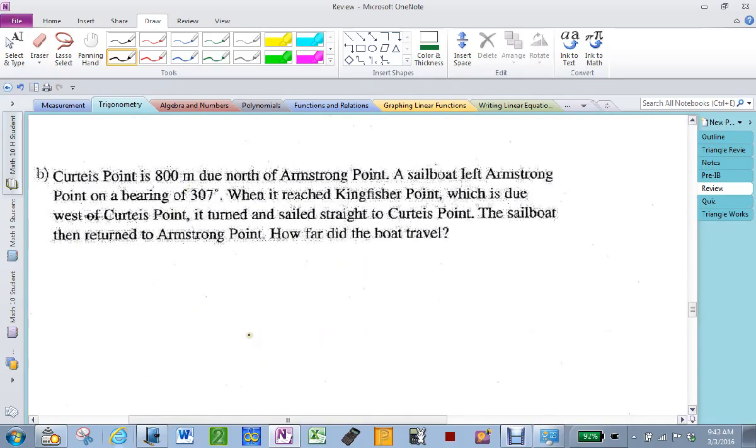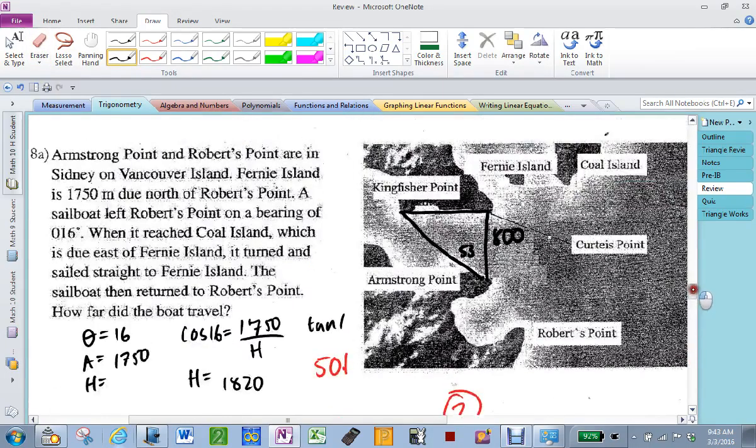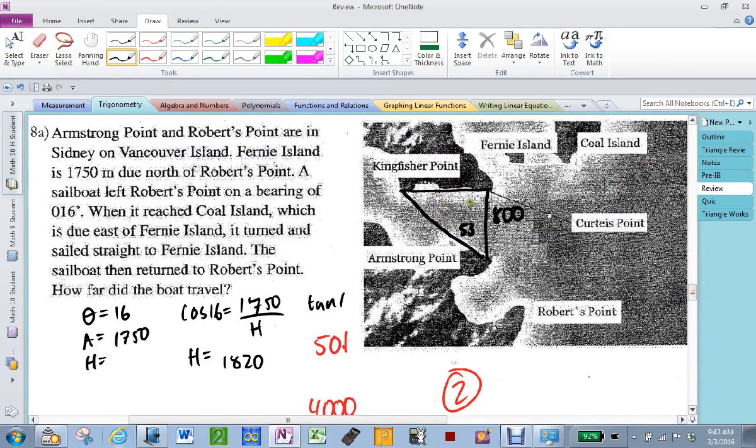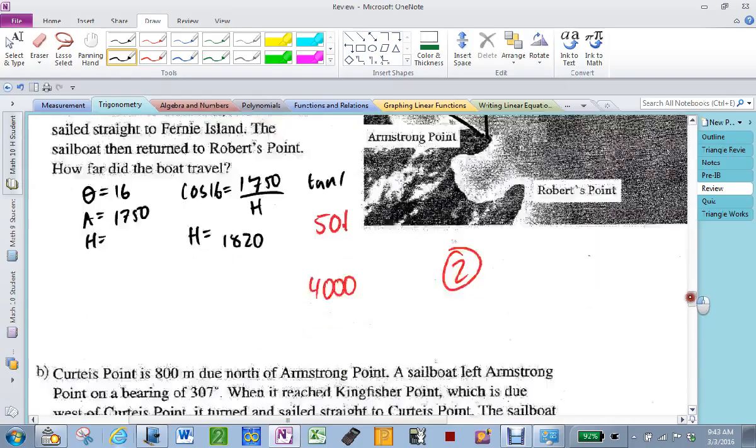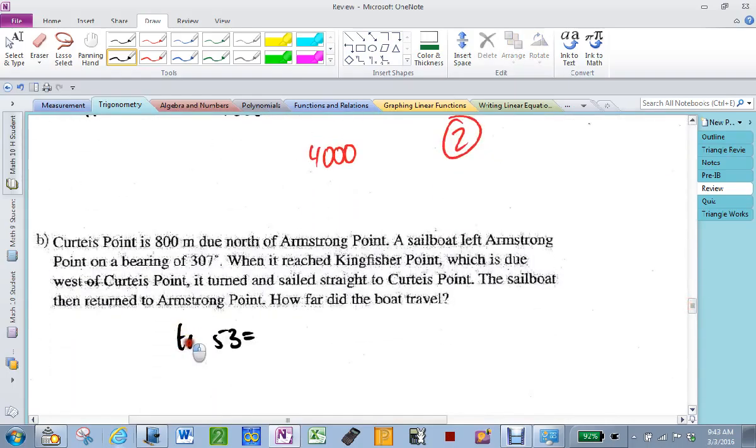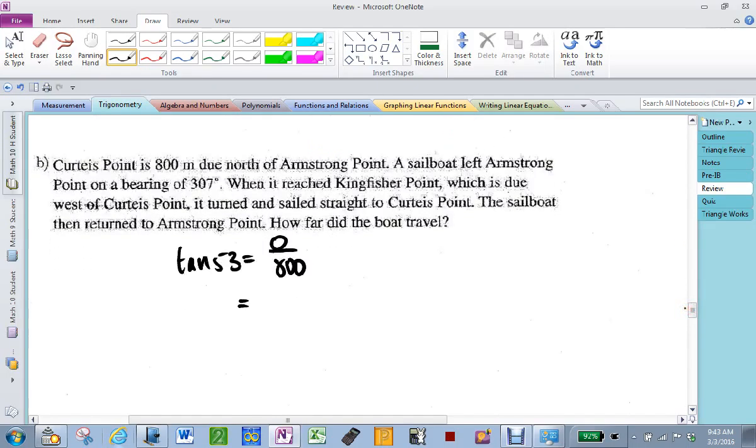Because I'm going all the way around the second triangle. I got tan of 53. And, oh no, I got to start with cos. Well, it doesn't really matter, does it? I can do tan or cos. Tan of 53 is opposite over 800. So it's 800 tan 53, which I got to be 1329.